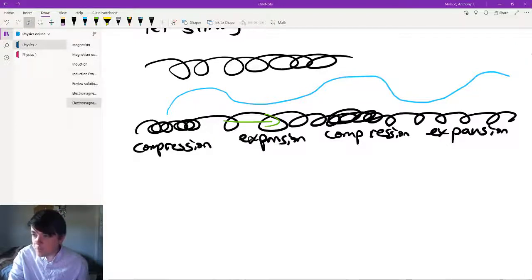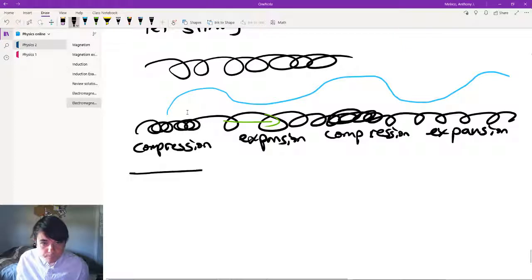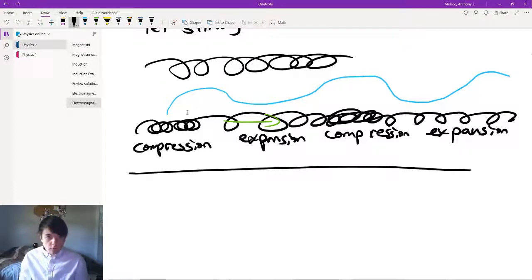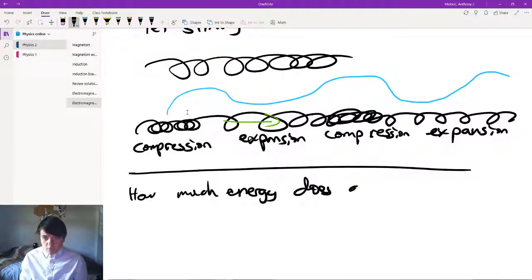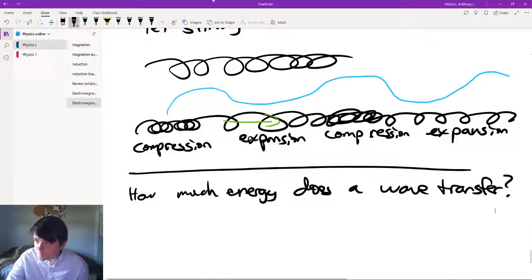Okay, so now what we're going to talk about is back to energy. How much energy does a wave transfer?